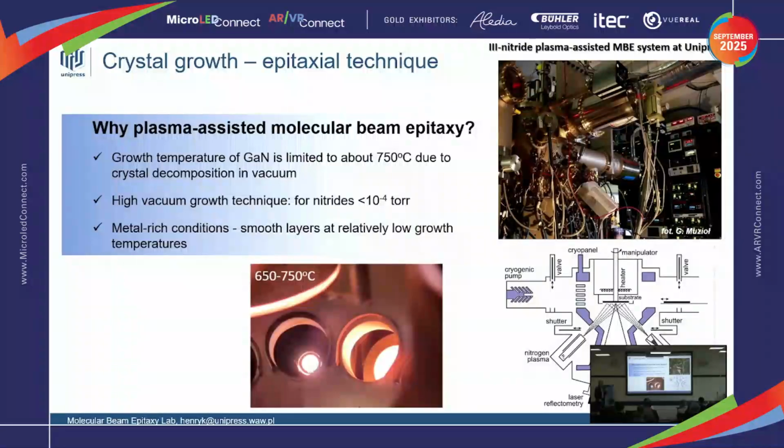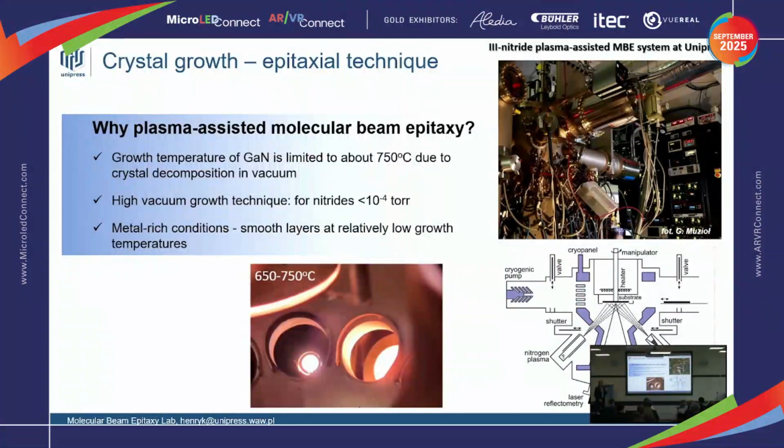Now, what we chose to work with is epitaxial growth by MBE. Again, I think most people in the field are working with MOVPE. The general concept of MBE is that it's a high vacuum growth technique, so you need to make sure that the vacuum during growth is at the level of, say, below 1e-4 torr.